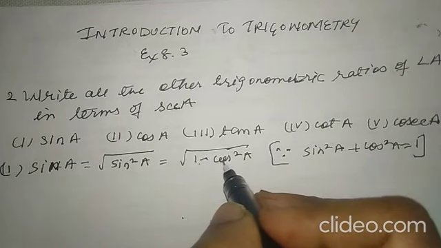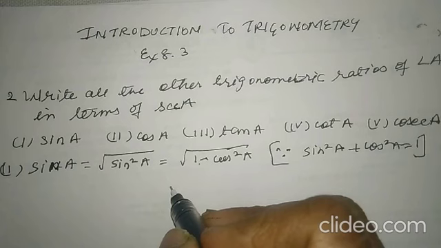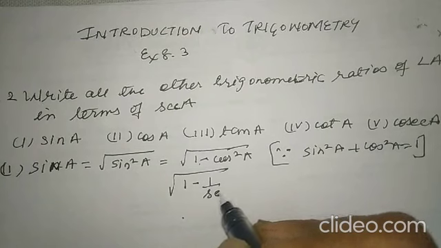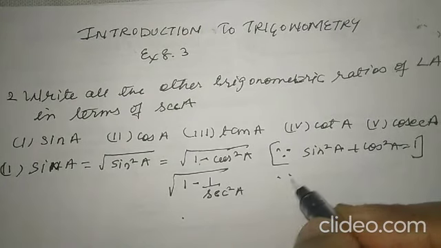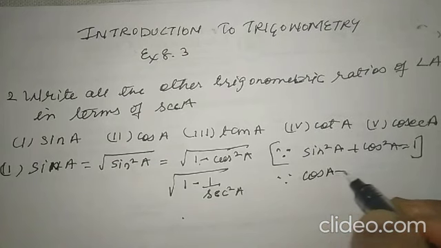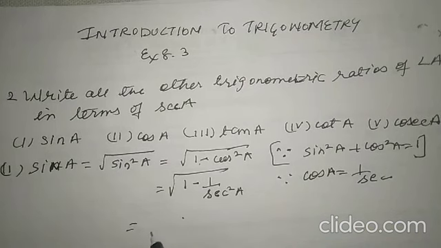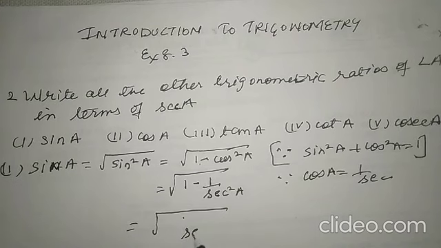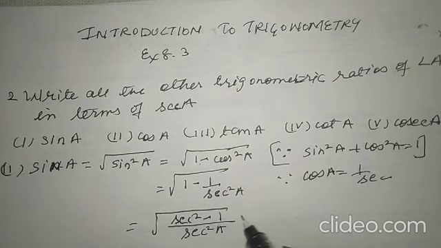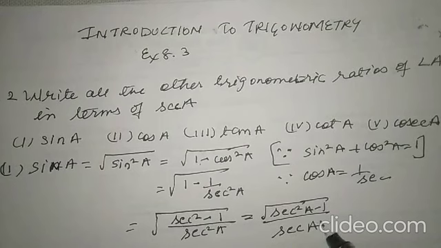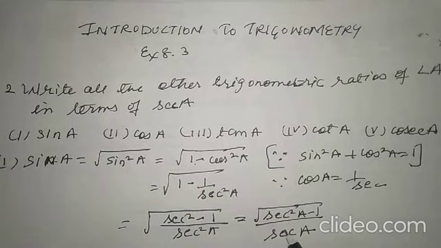So root of 1 minus cos square A. Cos square A can be written as 1 by sec square A, so 1 minus 1 by sec square A. Why? Because cos A is equal to 1 by sec A. So taking sec square A as LCM, we have sec square A minus 1 here, or we can say root of sec square A minus 1 by sec A. So we have expressed sin A in terms of sec A.